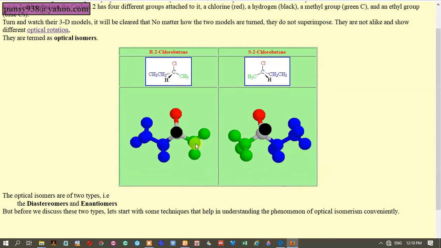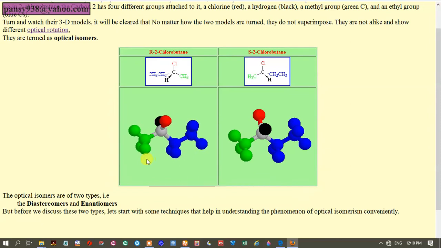You see that they are mirror images of each other, and no matter how you turn the compound, I am turning the compound to keep the blue at the right side like in this case, but you notice that the red chlorine in this case is coming out of the screen, and in the second compound the chlorine is going behind the screen, and the same is the case with hydrogen.